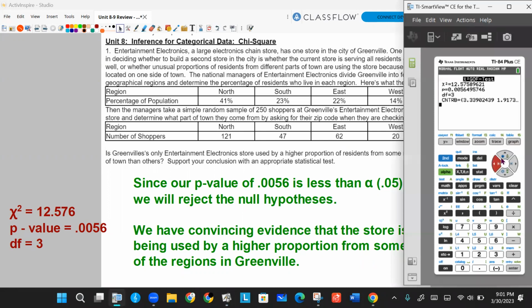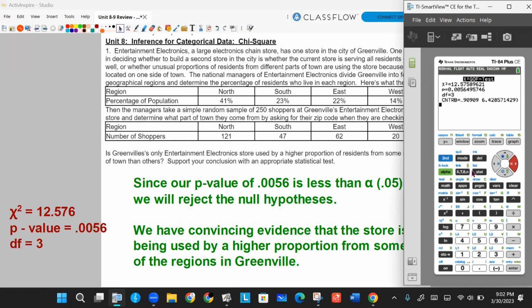The most contributions: you have this 3.339. I'll go through and get all these: 1.91, 0.89, and 6.428. Now, your highest contribution is the West category, but that doesn't necessarily mean it's going to be the highest used proportion. It has to be in the positive direction.